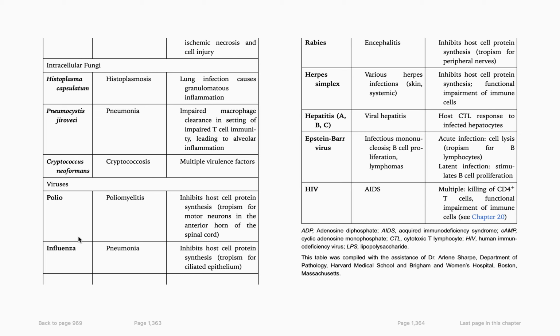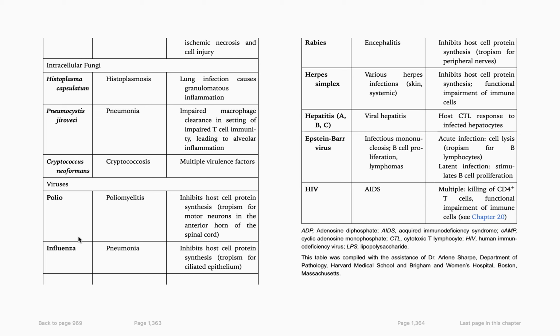This causes lung inflammation, and infection causes granulomatous inflammation. We have Pneumocystis jirovecii, which causes pneumonia, through impaired macrophage clearance in the setting of impaired T-cell immunity, leading to alveolar inflammation. We have Cryptococcus neoformans. This causes cryptococcosis. This is due to multiple virulence factors.